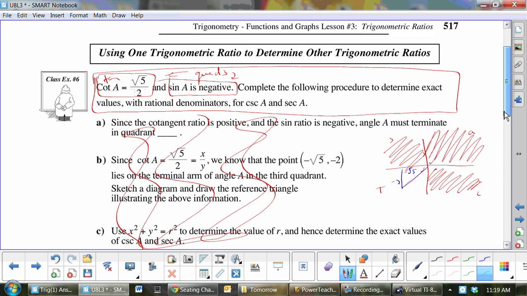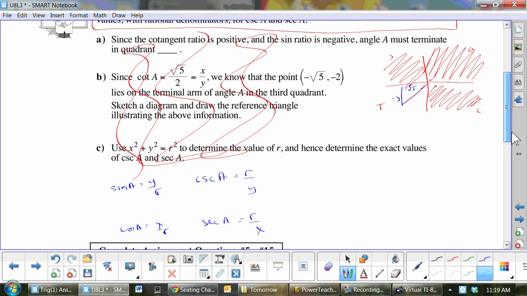Okay, this is an excellent question, unless you're a math student. If you're a math teacher, you love this question, okay? So, I can go figure this out, because I know my x, I know my y. I can figure out my r, my radius, by using Pythagoras. Remember, r equals square root of negative root 5 squared plus negative 2 squared.